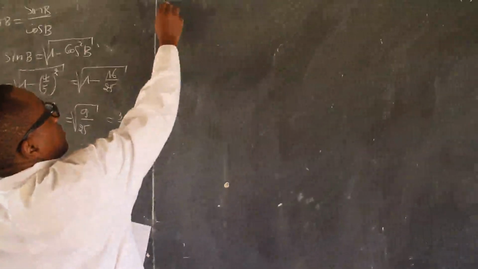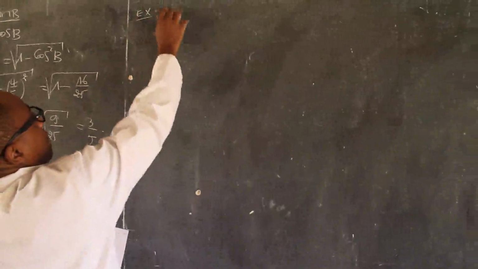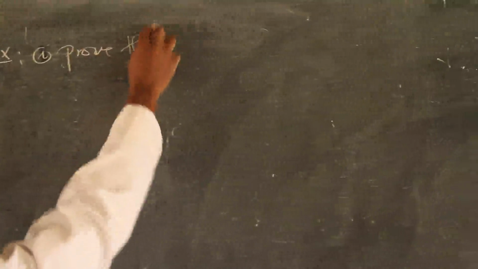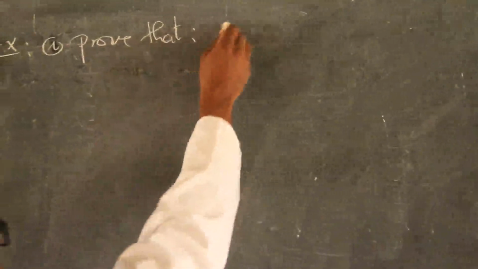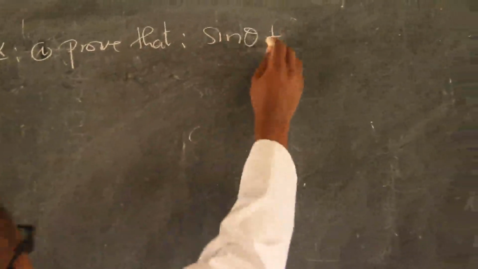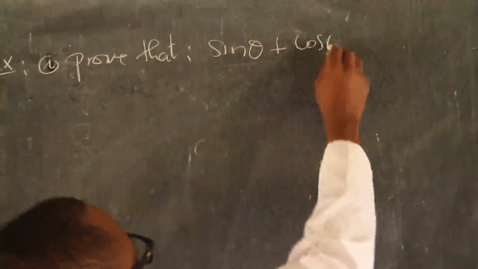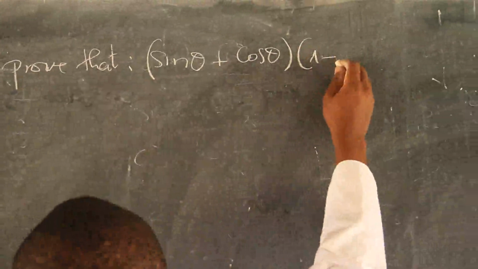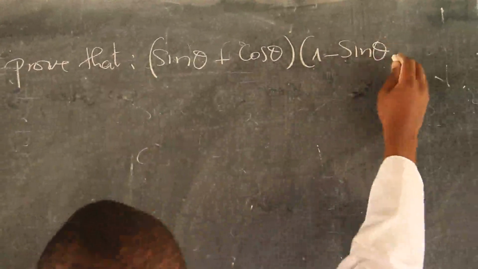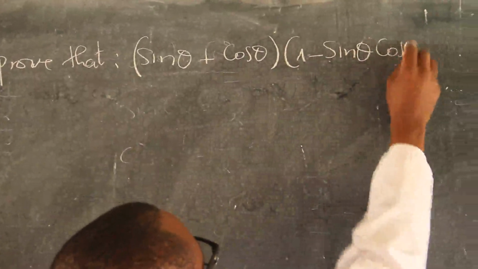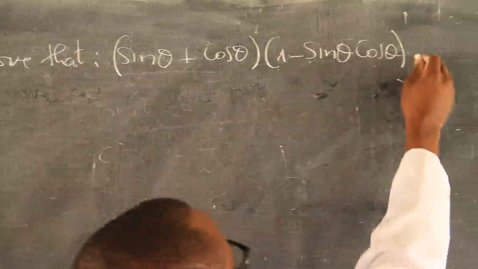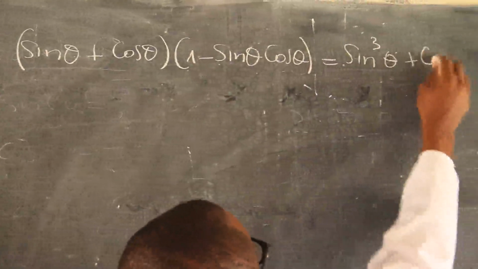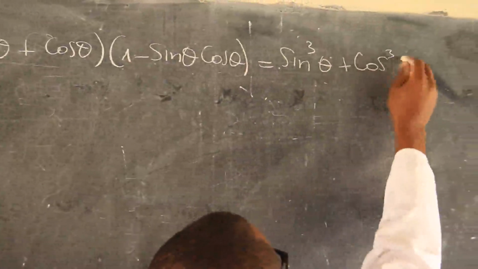Let's say, prove that sine plus cosine times 1 minus sine cosine is equal to sine cubed plus cosine cubed of the angle.